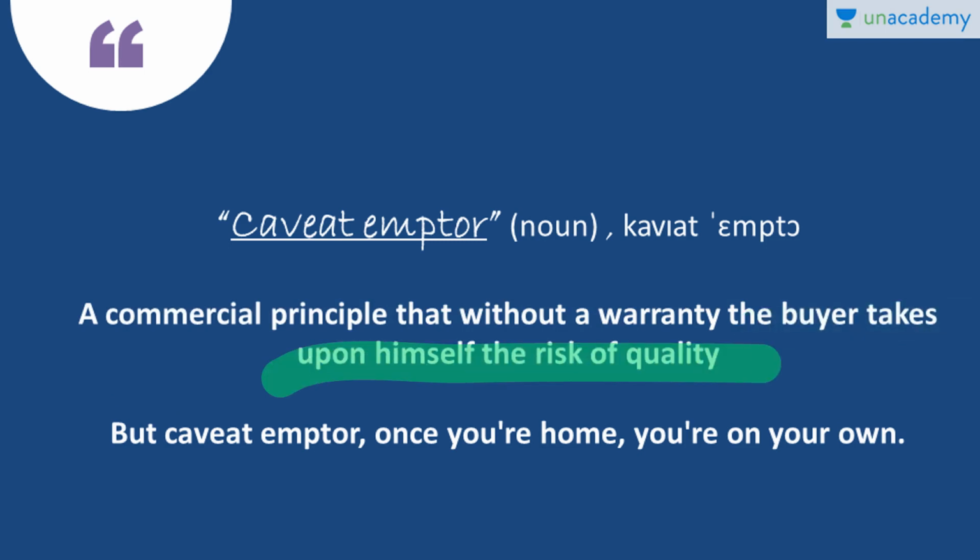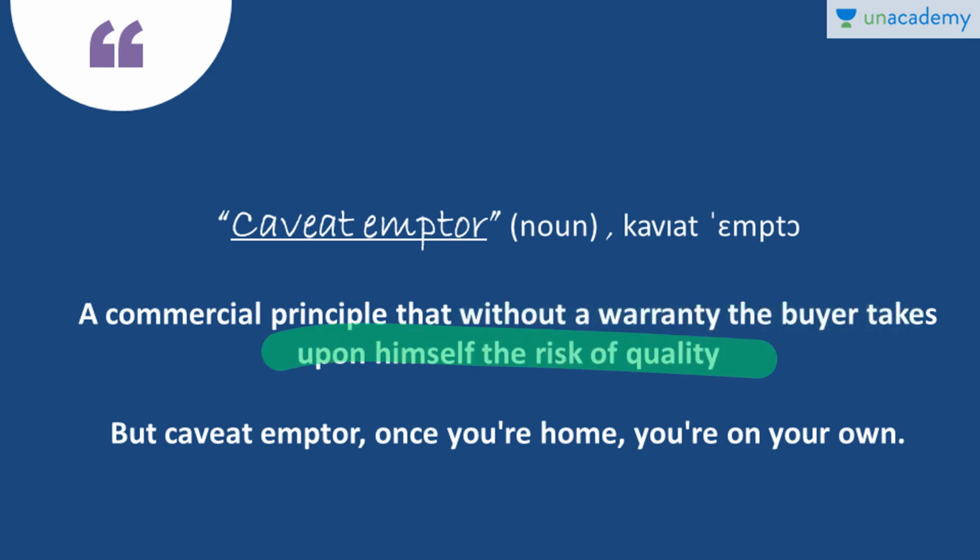Obviously, once you step out of the shop, if anything goes wrong with the product quality, the shopkeeper will not listen to anything from you because there is no warranty on that product. So it's a commercial principle that if you buy something without a warranty, the risk of the quality is upon you. This is how it is used.